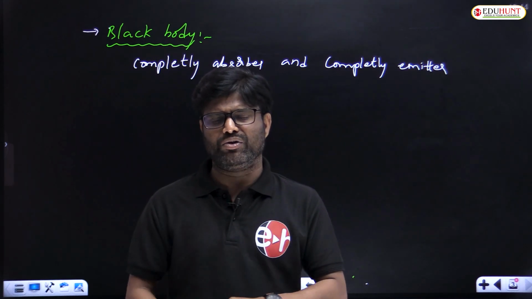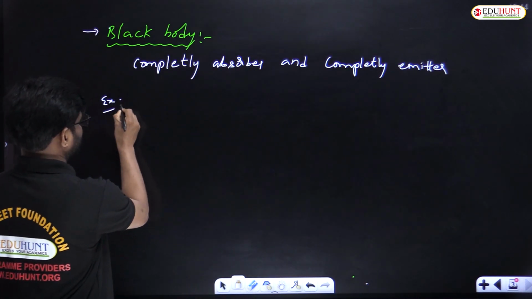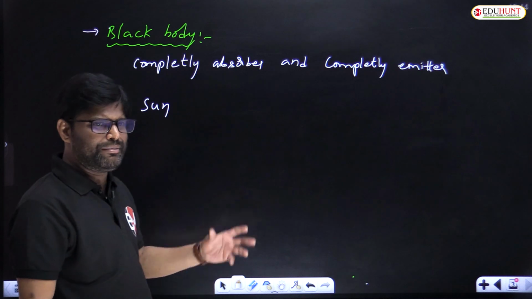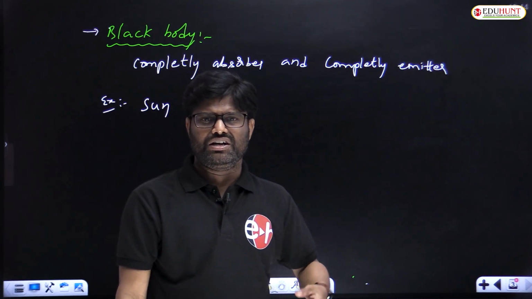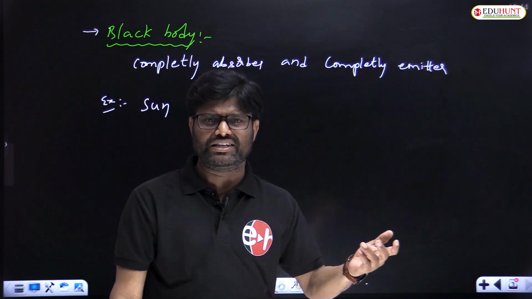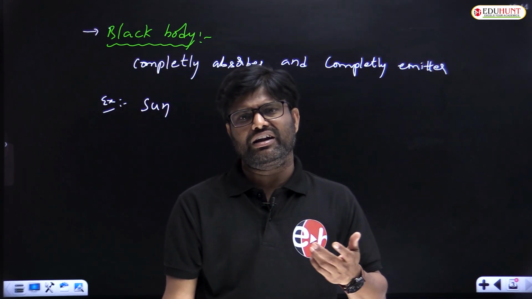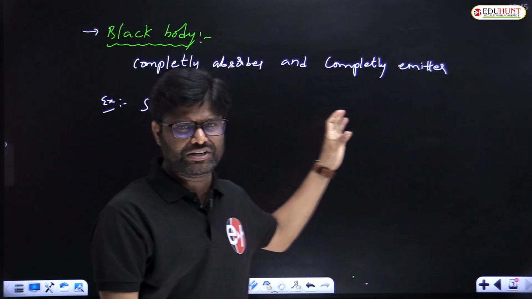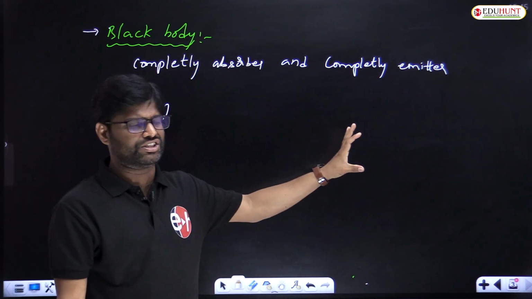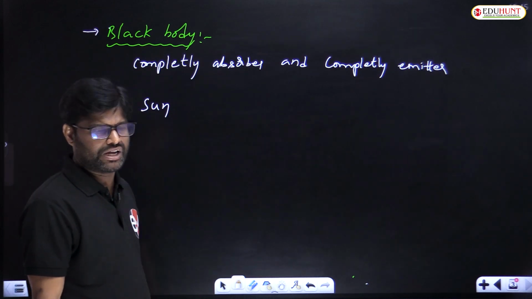First example of a black body: the Sun. The Sun emits all types of radiations: cosmic rays, gamma rays, X-rays, UV rays, visible light, and IR. So all types of electromagnetic radiations it emits. That is a black body example, the Sun.